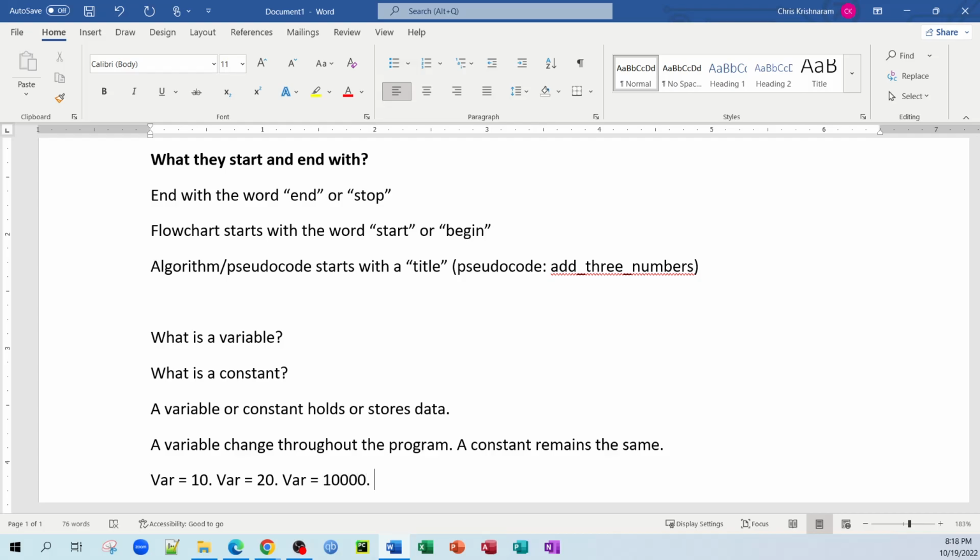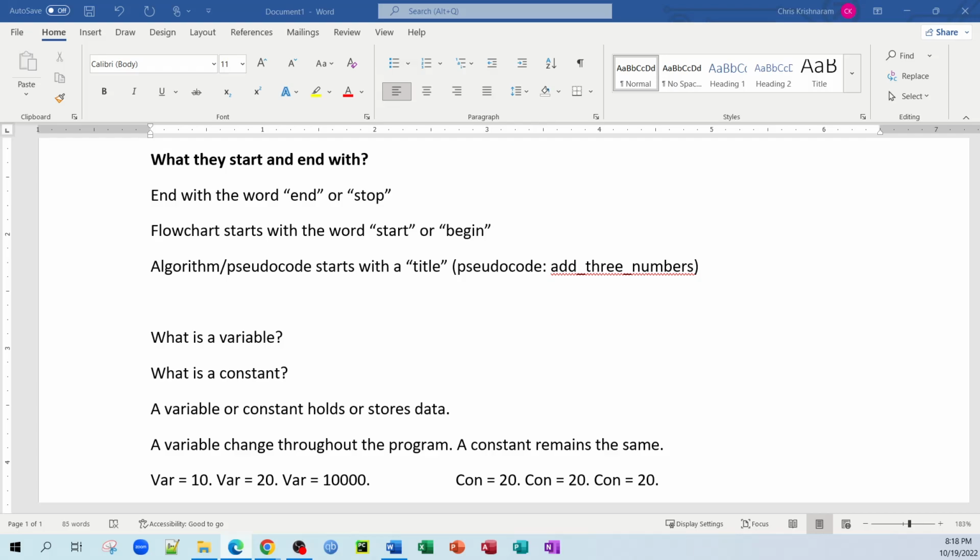Throughout the program it is going to change. Whereas a constant is going to be that one value throughout the program. No matter which part of the program, it is going to continue to use that one specific value. So that's the difference there between the two.